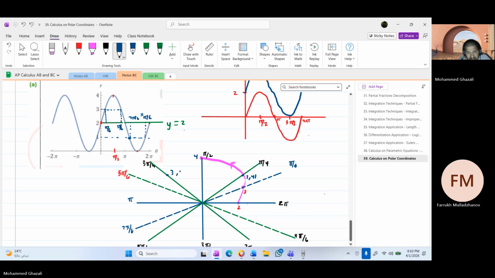So I can go from here back to there. And then 5 pi by 6 is going to be 3. So you can see the graph carries on to 3. Then at pi, the value is 2.